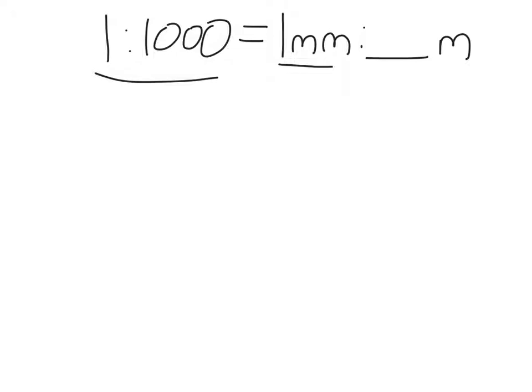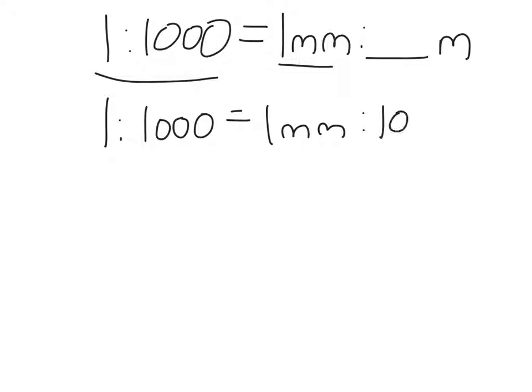Now, fortunately, this is actually quite easy because we've done a lot of converting units in our previous topic. So, of course, a scale of 1 to 1,000 means that 1 millimetre represents 1,000 millimetres. For every 1 millimetre you measure in the scale drawing, it represents 1,000 millimetres in real life. So all I have to do is convert 1,000 millimetres to metres.